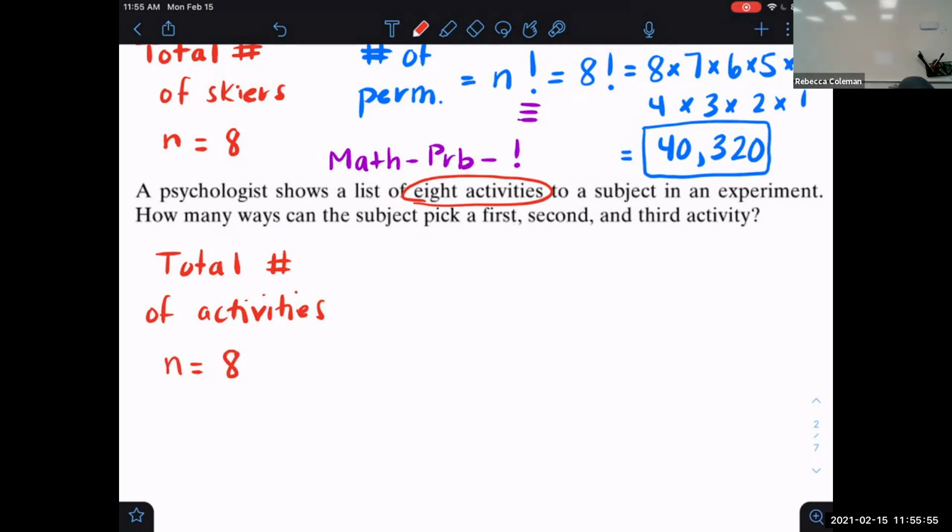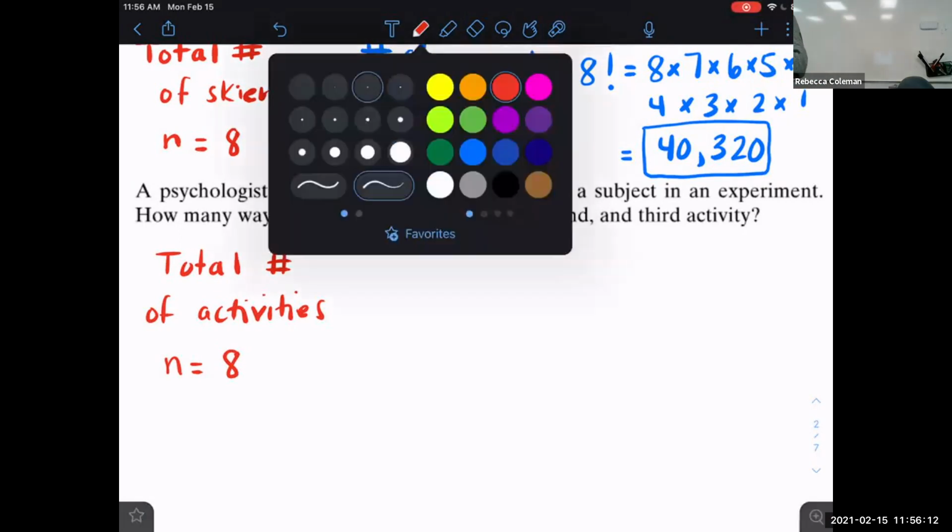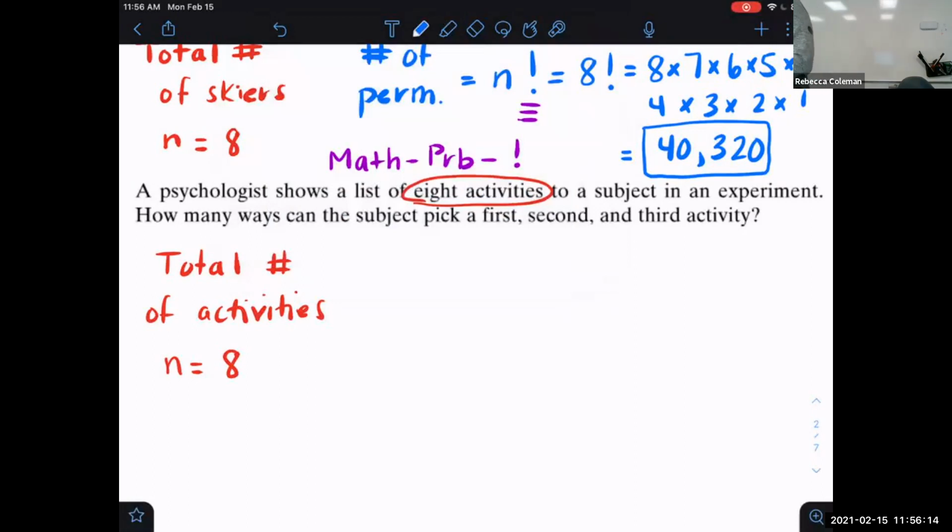Now, if it said, in how many ways can the subject arrange all 8 activities, then your answer would be the same as the previous example: 8 factorial, 40,320. The difference here is it doesn't say in how many ways can they arrange everything.